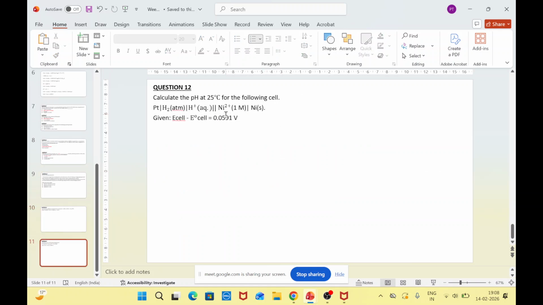Let's first solve question 12, then we will come to 11. Question 12 is the same type of question. Calculate the pH at 25 degrees Celsius for the following cell. The line diagram is given, and based on this you need to calculate the pH.